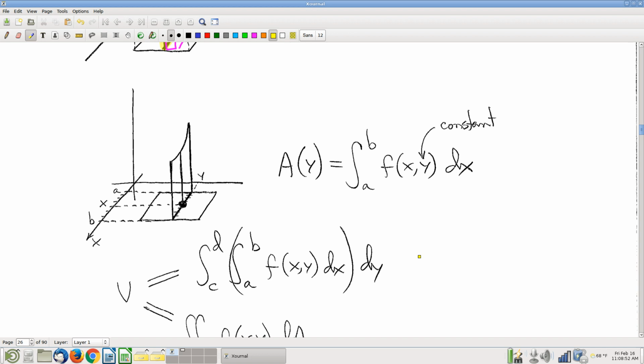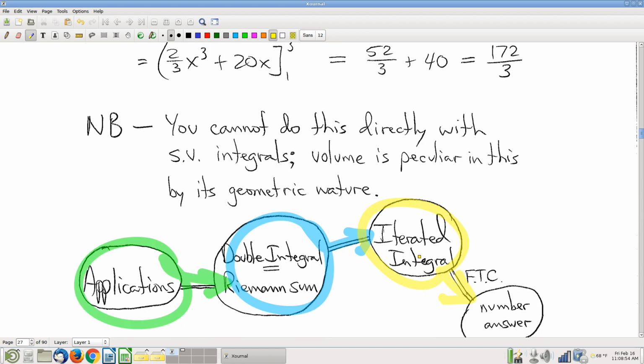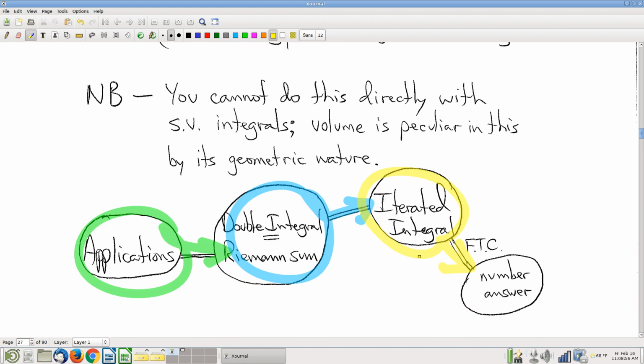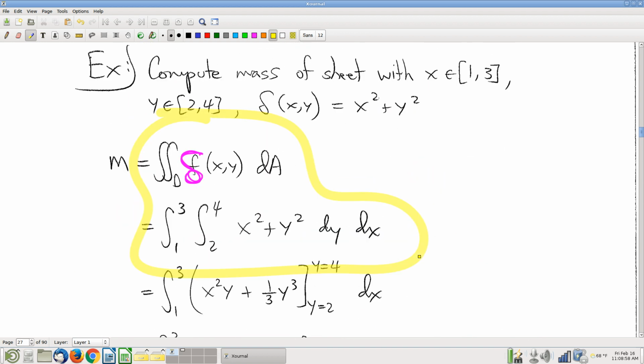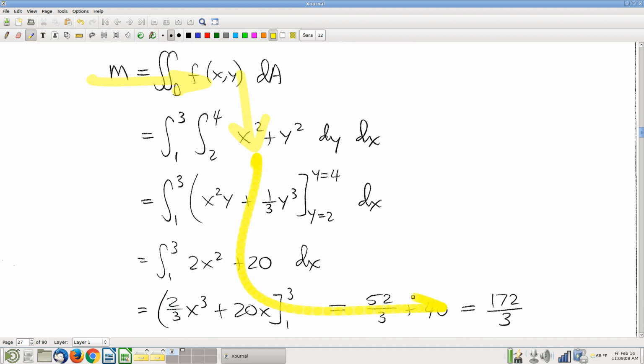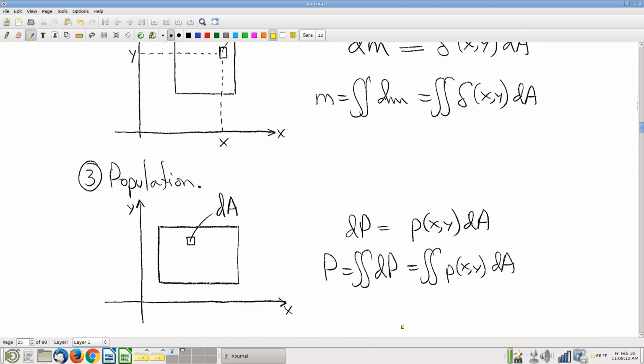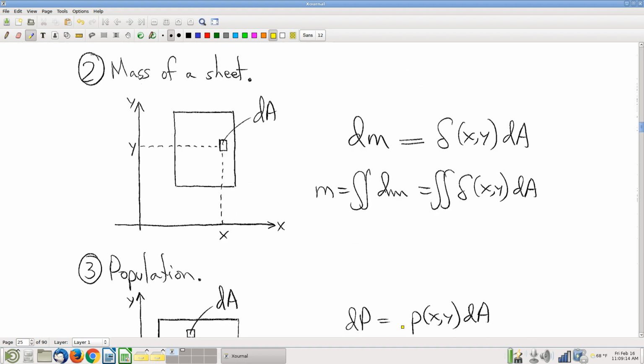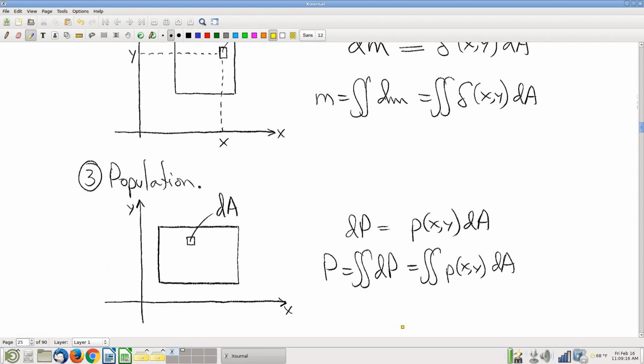So is this computation best with volume? Well, no. This computation works with anything that I can turn into a double integral, because I can always turn double integrals into iterated integrals, and I can always compute iterated integrals with old techniques. So this works for any one of these applications: volume, mass, population. The point is, step one, turn your application into a double integral.